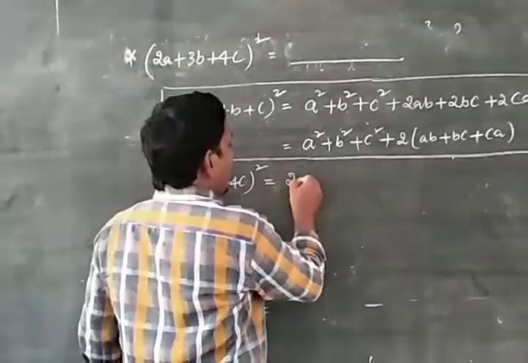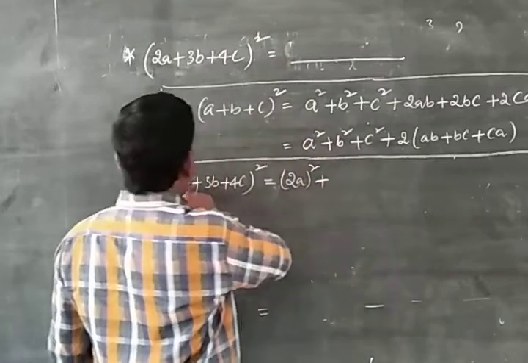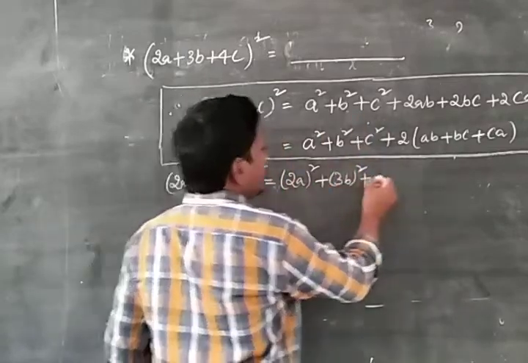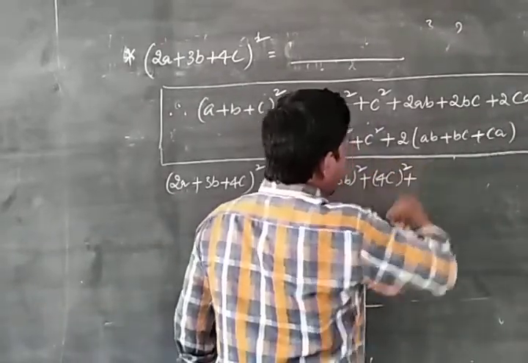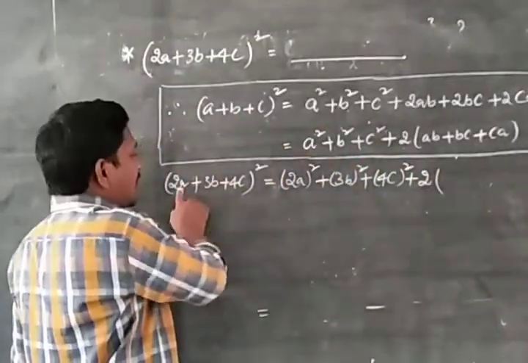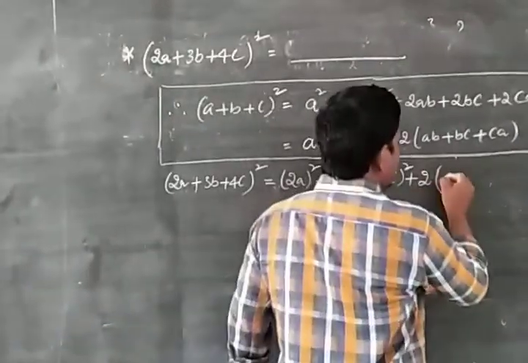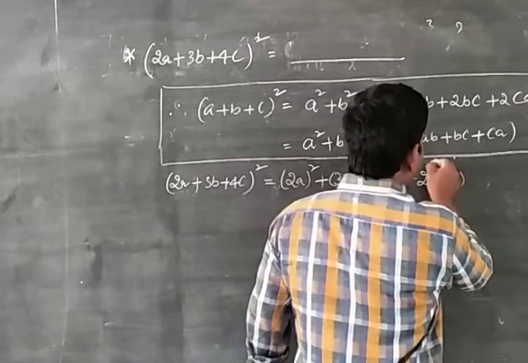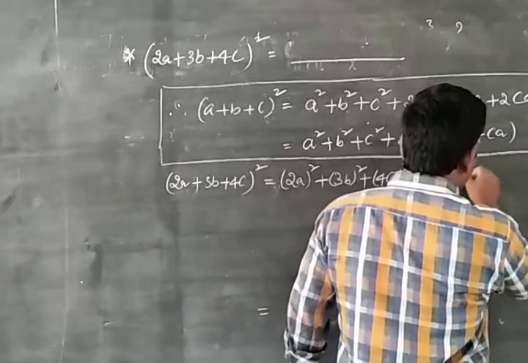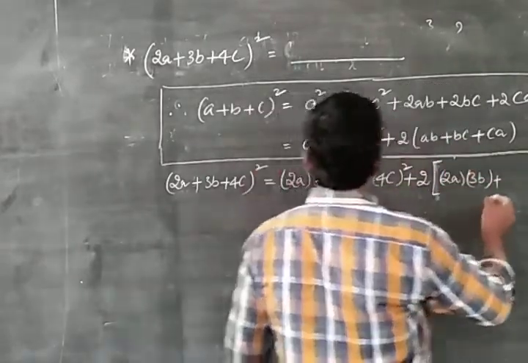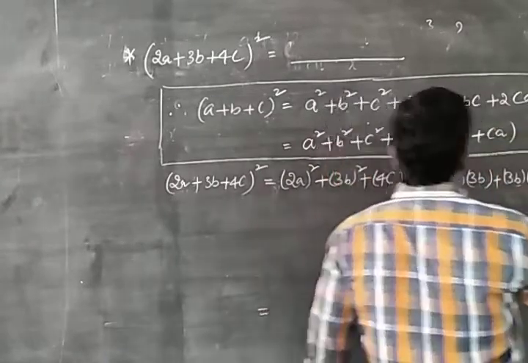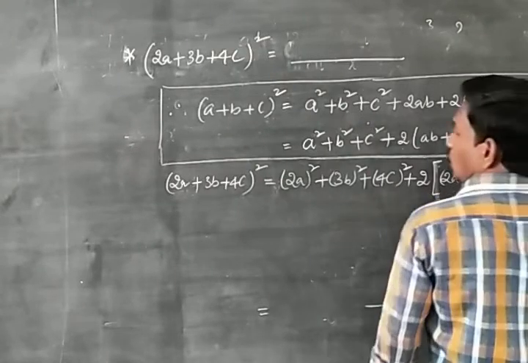Okay, 2a whole square, 3b all square plus 4c all square, plus 2 into, okay, square bracket: ab means 2a into 3b, plus bc means 3b into 4c, plus ca means 4c into 2a.